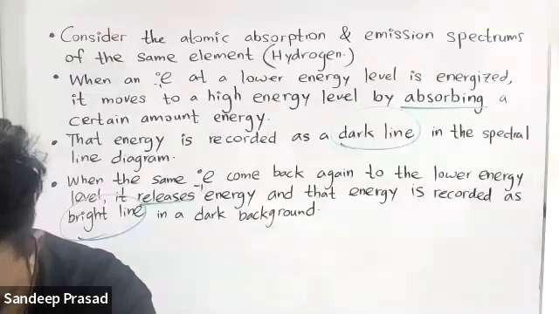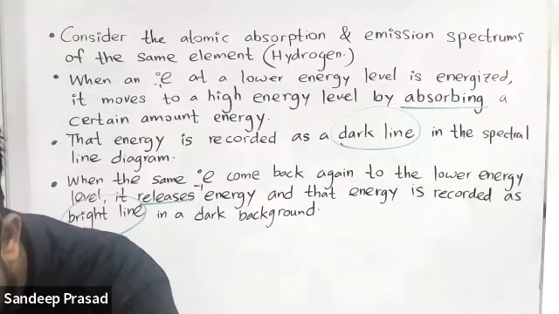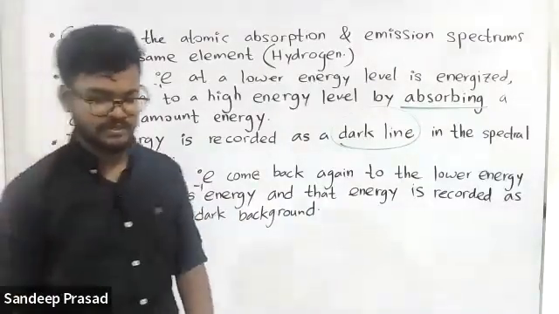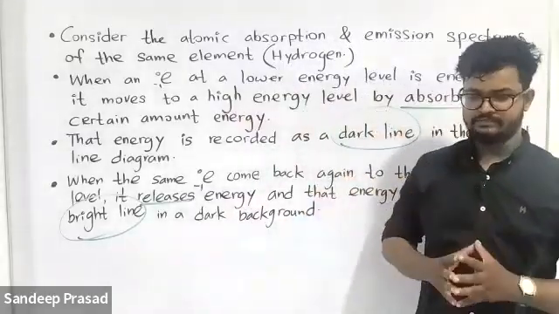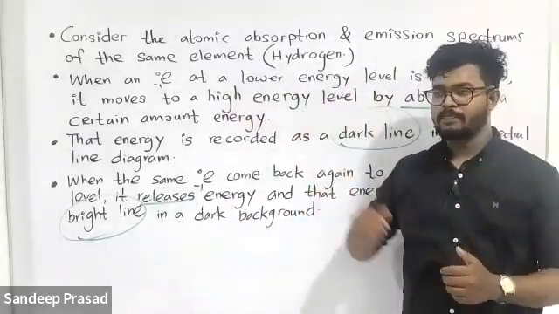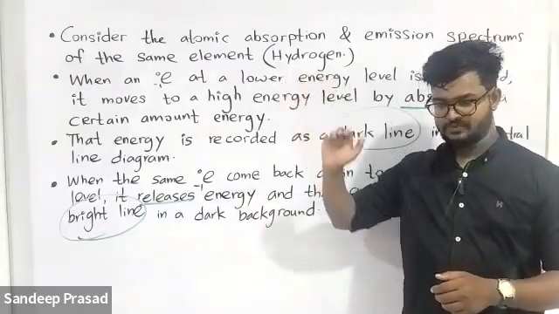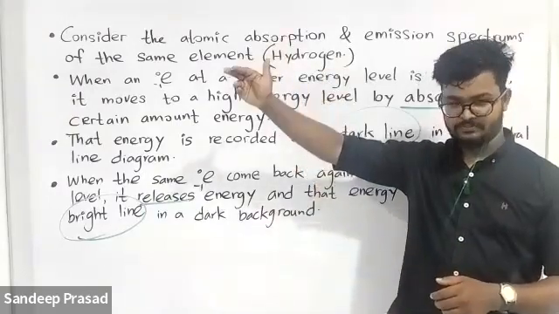If you have any doubts, put your doubts in the chat box. And the homework is, what is the homework? Spectral line diagram and the energy level diagram, both for the absorption spectrum. You have to draw that.